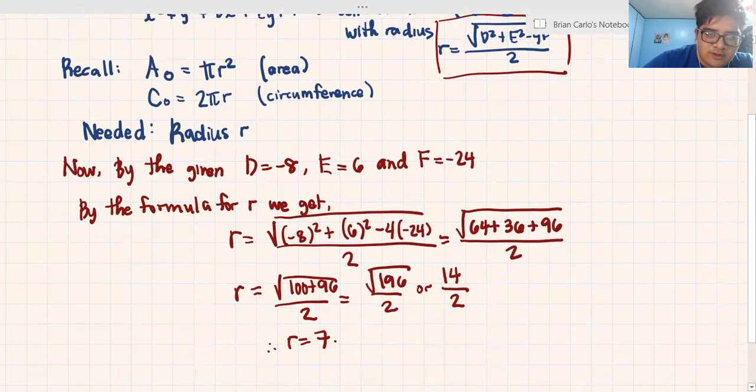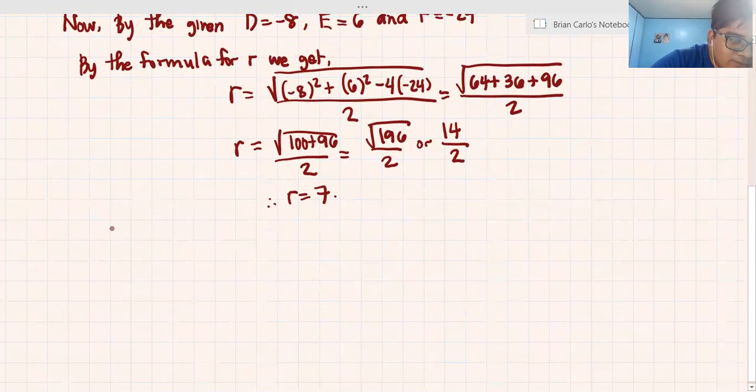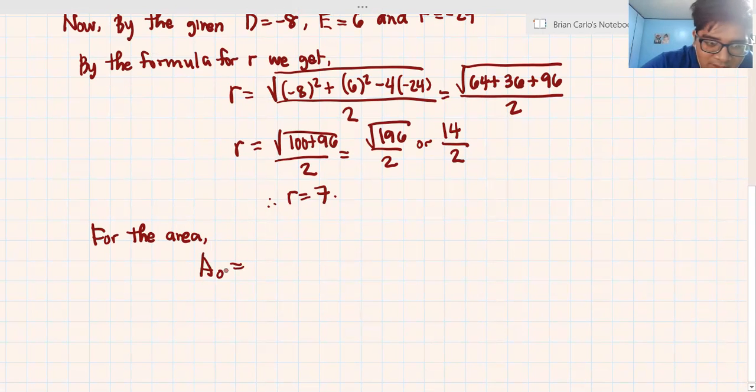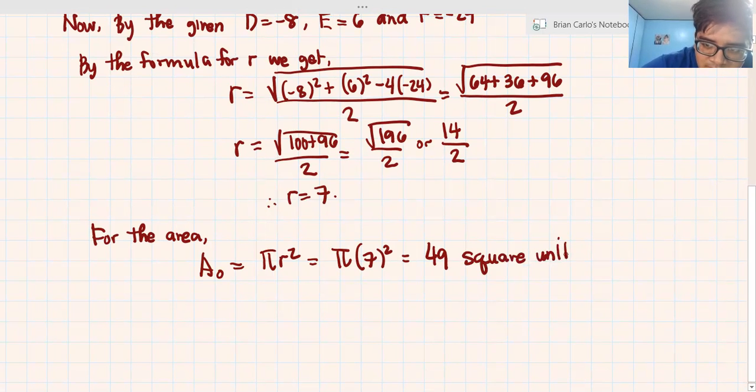Now, for the area, this is what we do. The area, with the circle symbol below to indicate that it is a circle, is pi r squared or pi times 7 squared, or this is 49. The units of area are square units.